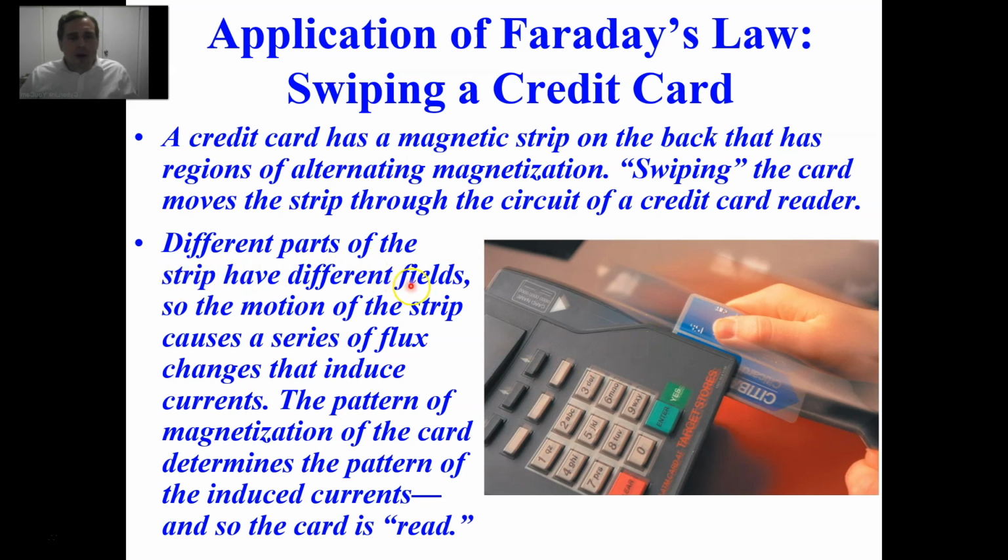Different parts of the strip have different fields, so the motion of the strip causes a series of flux changes that induce currents. The pattern of magnetization of the card determines the pattern of the induced currents. And so the card is read. Basically, you're taking a group of magnets, which identifies you, swiping it through a machine, getting a certain electric current signature, and then that tells the card reader that you want to pay for your item.